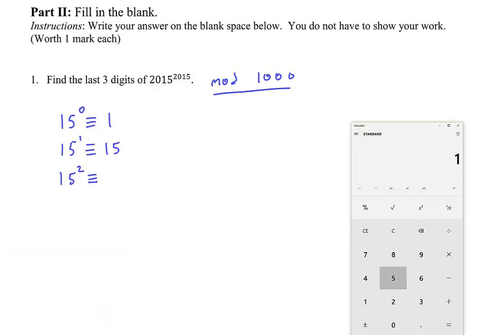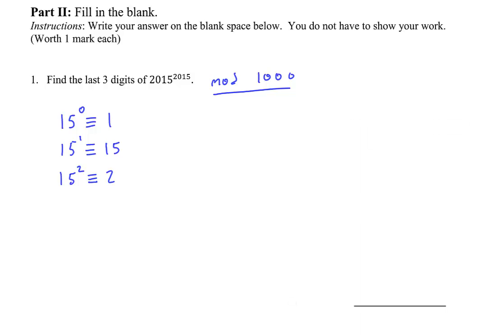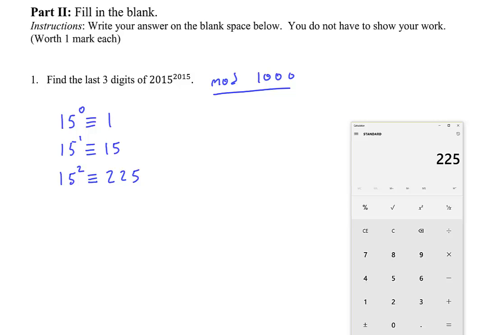So 15 squared is 225, and we want to divide by 1000. So there's no real reducing that. It's still 225. So nothing we could do about that. Let's see what happens when we multiply that number by 15. So multiply by 15, it's 3375.